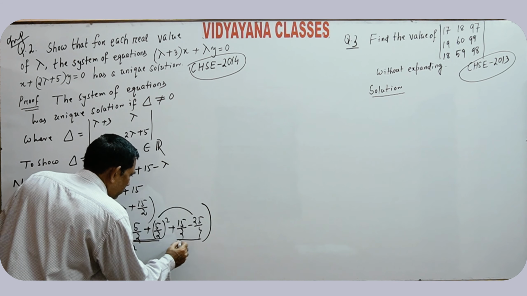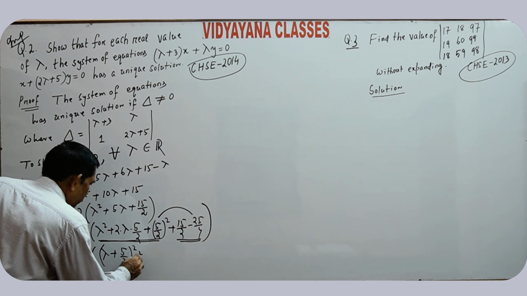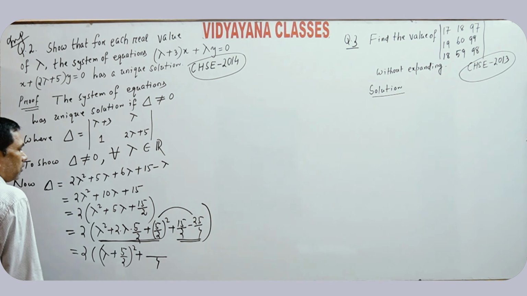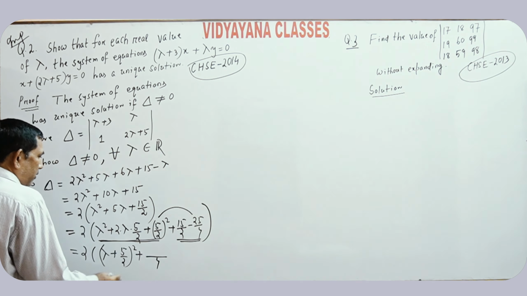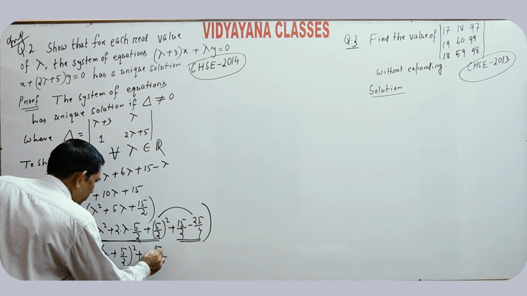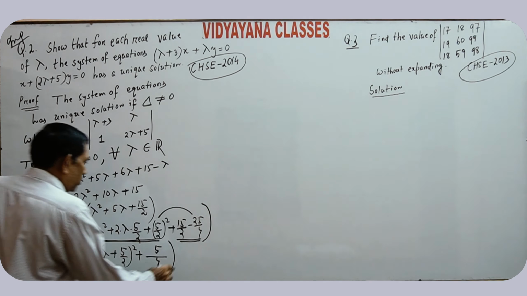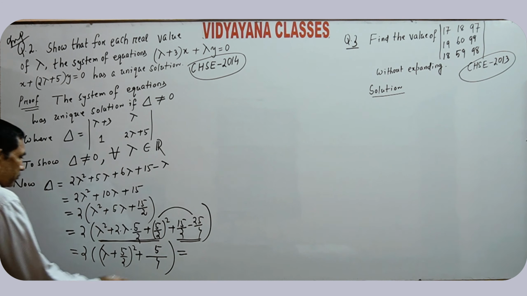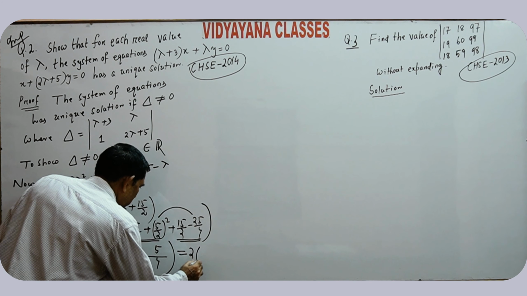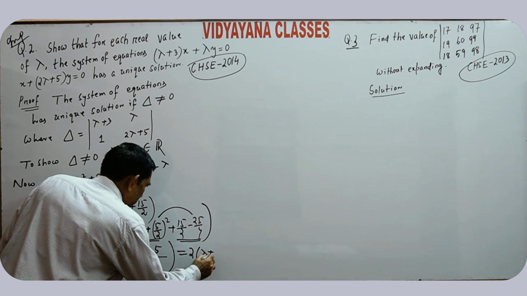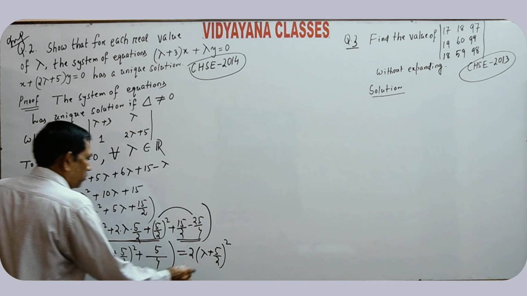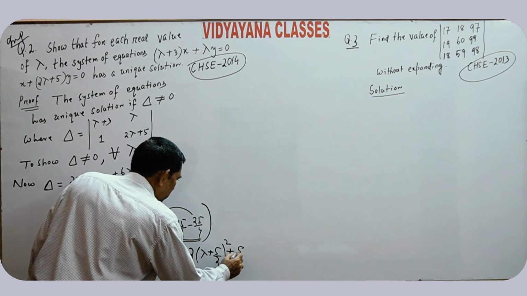This value plus 30 minus 25, that is 5 by 4, which is same as 2 into lambda plus 5 by 2 whole square plus 5 by 2.